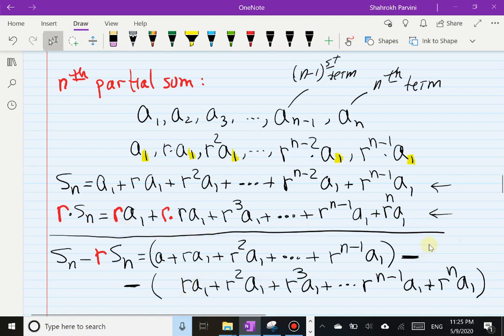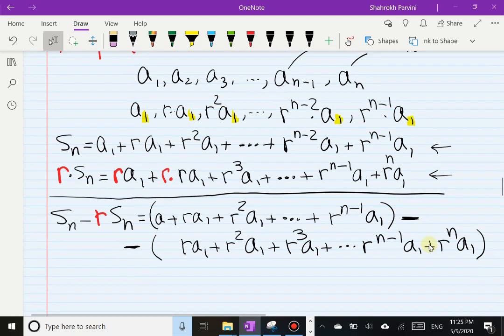Now, note that we have a few like terms, and because we are subtracting, this r a1 and minus that r a1 add to 0. There's an r squared a1 term up there and an r squared a1 term down here that cancel, and r cubed a1 up there and down here cancel. So everything from here on out adds to 0.